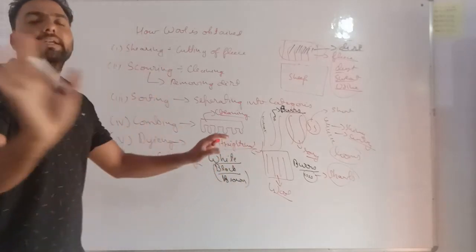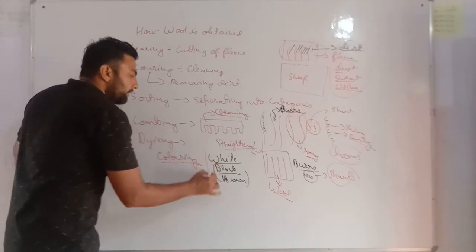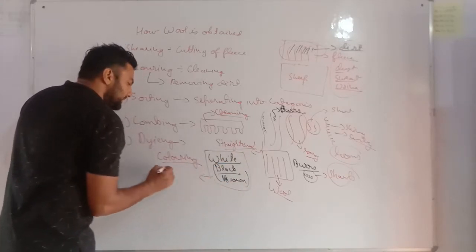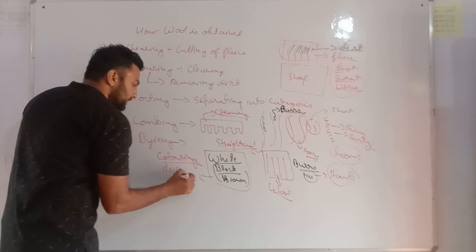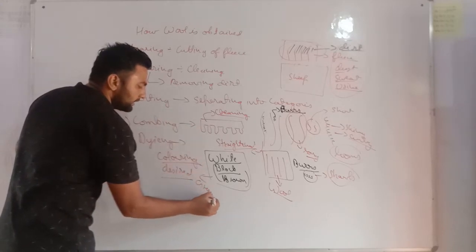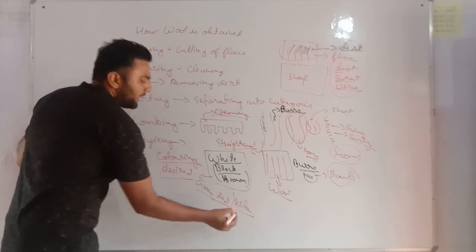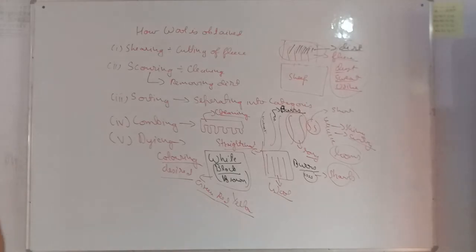Except that I will not get any type of colored fleece. So I will color these to give the desired color. You have seen sweaters of all the colors. I can give any desired color, that is green, red, yellow, any color I can give. All these processes need to be done.